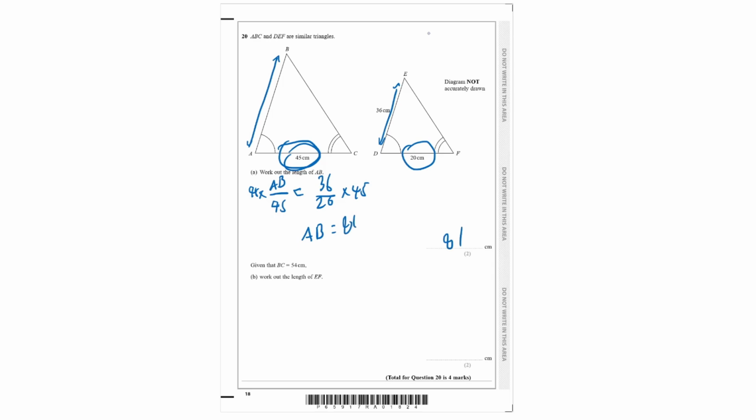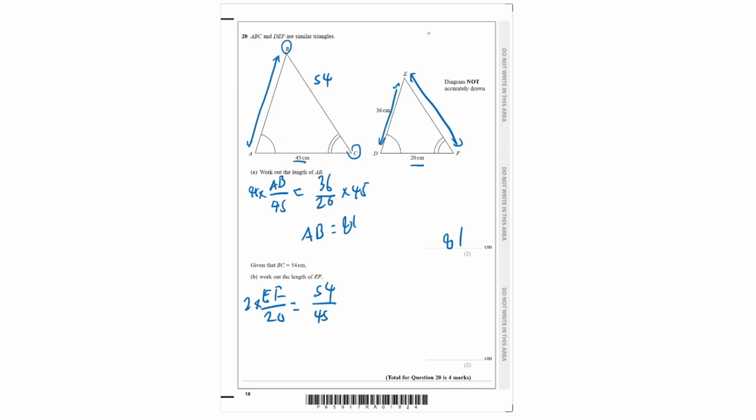Given that BC is 54 centimeters, work out the length of EF. We can use the exact same formula as before. We can see that EF divided by the base, which is 20, must be equivalent to BC, which is 54, divided by its base, which is 45.